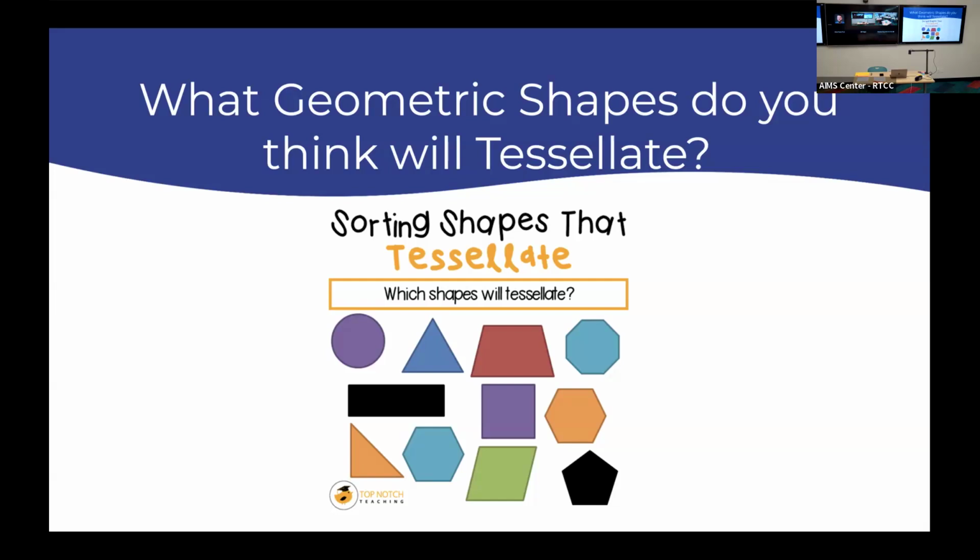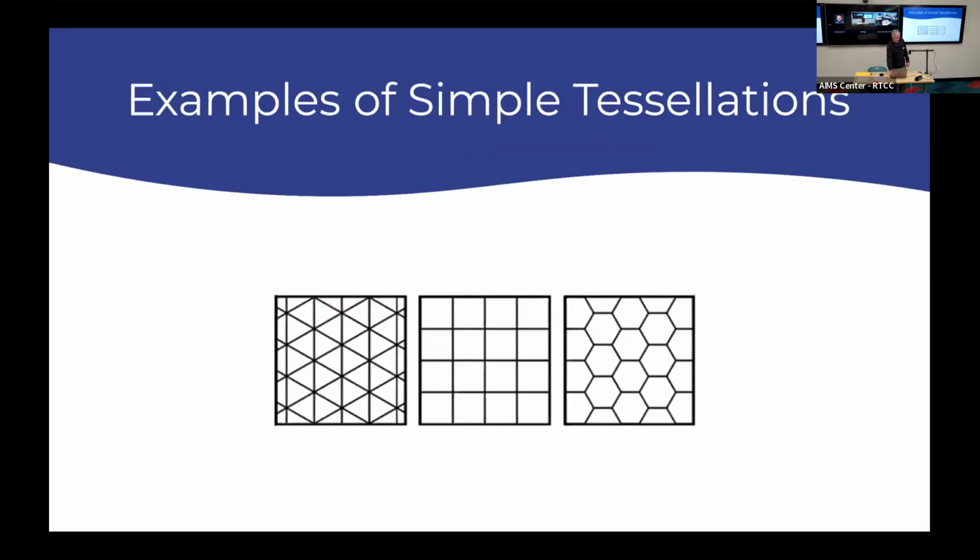Triangles fit, you can put triangles together without any gaps, squares, rectangles, right? What about circles? Yeah, circles have a hard time getting together without having some gaps in between. So circles and ovals would have a hard time tessellating. So here are some simple examples of tessellations. There are your hexagons, squares, triangles, all good examples of tessellations.